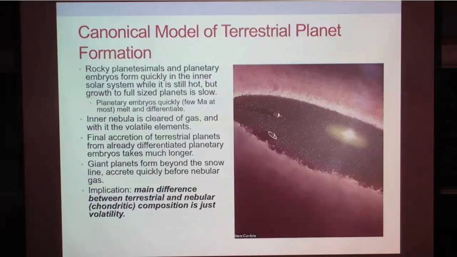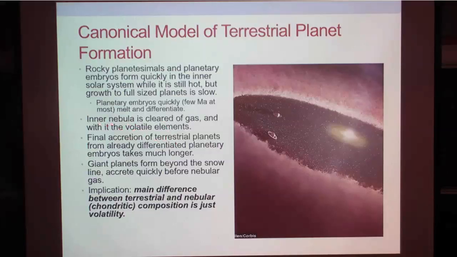So the canonical model of terrestrial planet formation is basically this: rocky planets and planetary embryos form quickly in the inner solar system while it's still hot, maybe within a few million years at most of the beginning of the solar system. And they quickly differentiate, as I've mentioned before, within a few million years into metal cores and silicate mantles.